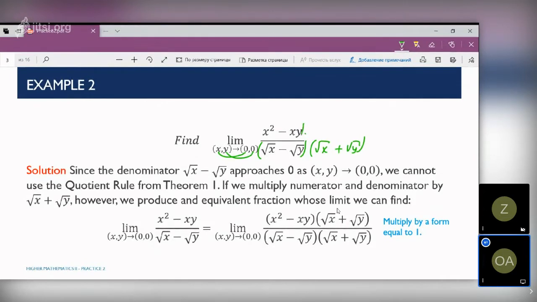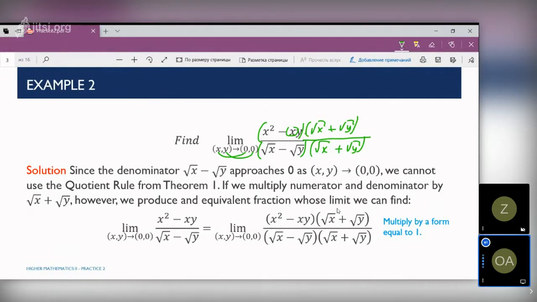And this one is also multiplied. And we also call this one in Uzbek qo'shmasiga ko'paytirib yuboramiz deymiz. Mana bu o'z osti x minus o'z osti y ni qo'shmasi o'z osti x plus o'z osti y bo'ladi. So square root of x plus square root of y. So this fraction is extended.